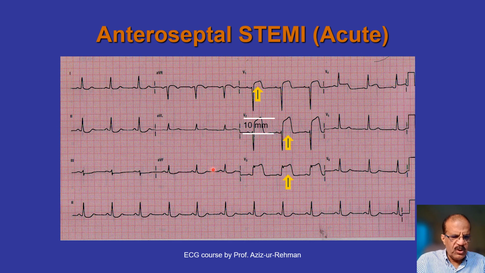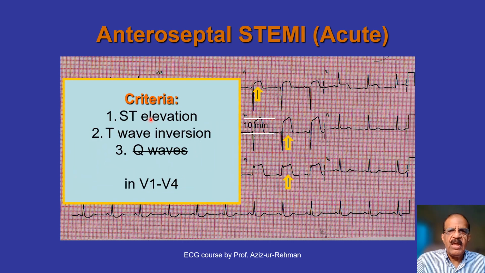So I hope this was easy. And how do we make a diagnosis? These are the criteria listed. So criteria of infarction, we see ST segment elevation with convexity upward. As you see this one, convexity upward, and followed by T wave inversion. In this case, it isn't seen. Maybe here you can suspect some T wave inversion, but no Q wave seen.